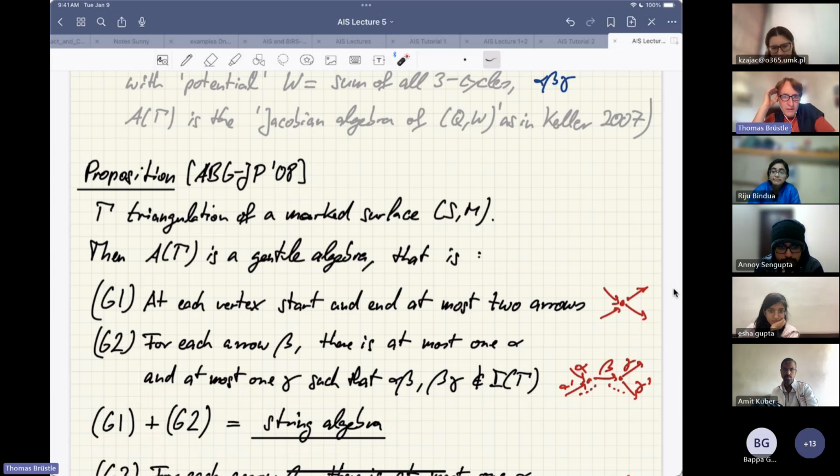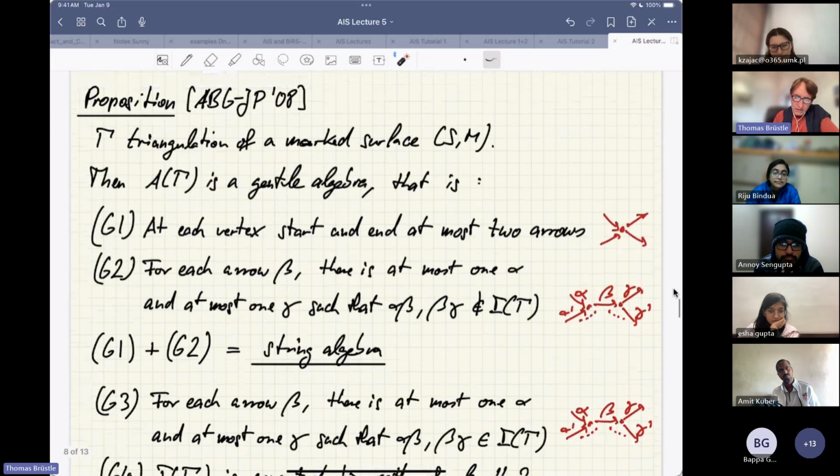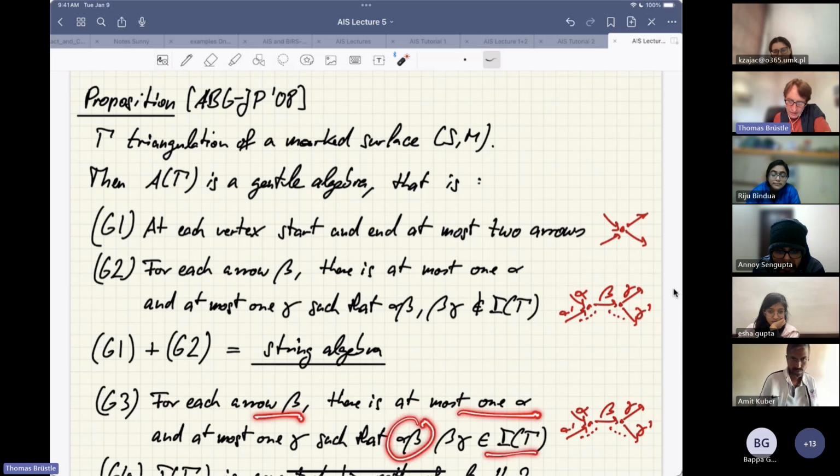Okay, good. So the algebra that we have here is a string algebra, but now I add two more conditions, and these two more conditions then make a gentle algebra. The other condition looks pretty similar, but this time I say for every arrow beta, there's at most one alpha such that the product is in the ideal.